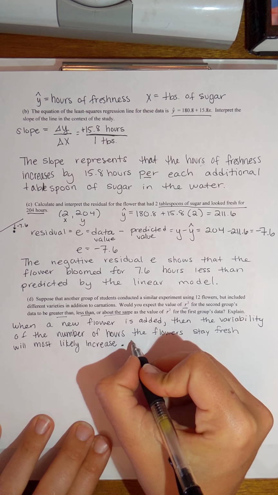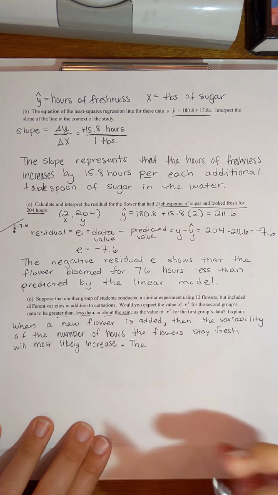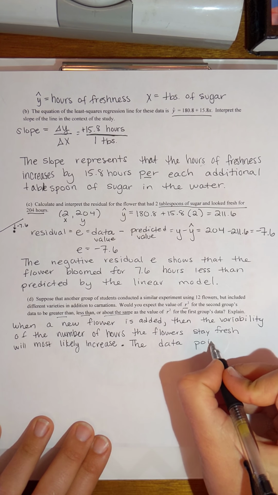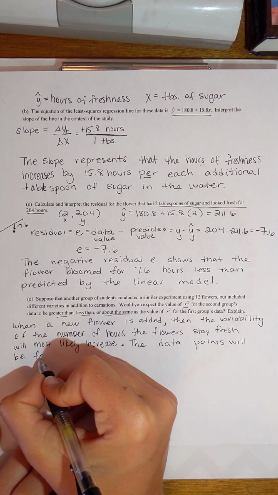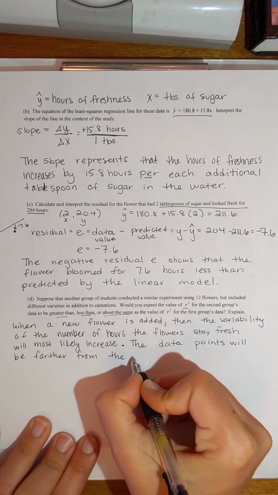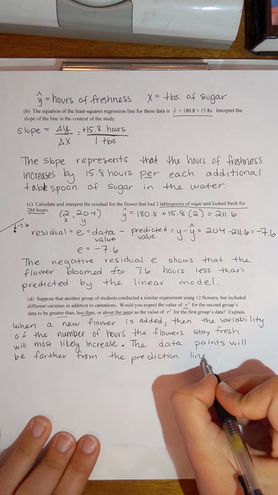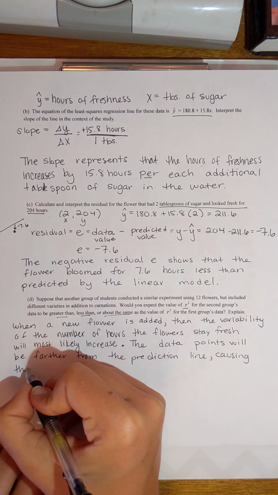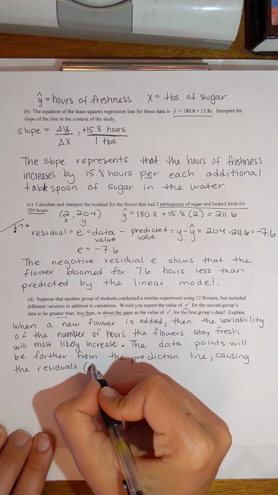Then I'll say, this next sentence is kind of optional, but I'm going to write it down. The data points will be farther from the prediction line, causing the residuals, which is our like E squared value, right?